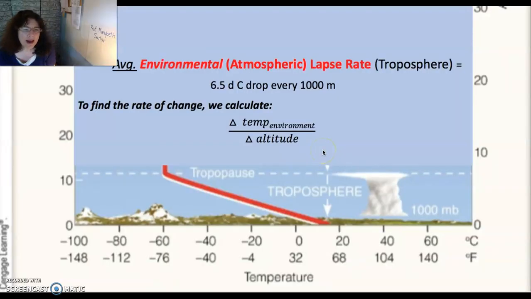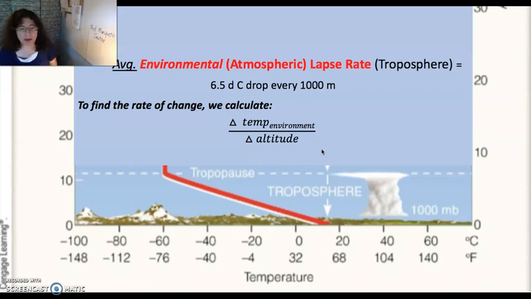When it comes to lapse rates, let's start with the environmental lapse rate that you learned back in chapter 1. You can go back to chapter 1 to look at this, but you learned that the average environmental or atmospheric lapse rate in the troposphere only is approximately 6.5 degrees Celsius drop in temperature for every 1,000 meter gain in altitude.